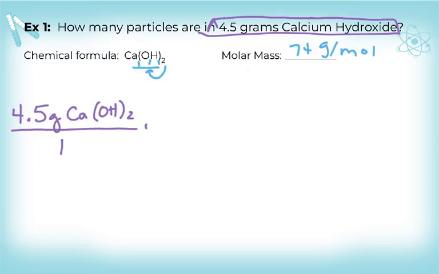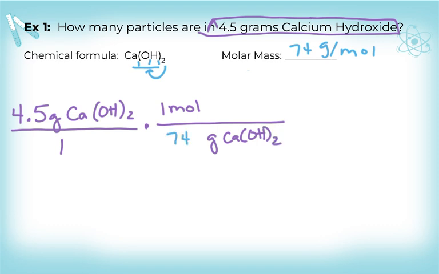So we're going to have 1 mole on the top over our grams of our calcium hydroxide, and that value is our molar mass, so 74 grams in 1 mole of calcium hydroxide. All right, now if we were to end here, looking at my units, the grams of Ca(OH)2 cancel. So we now have units of moles.